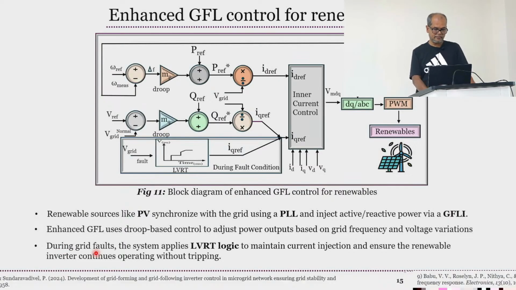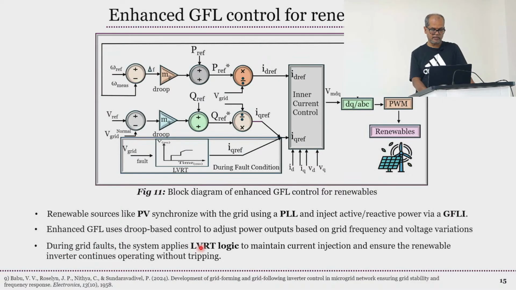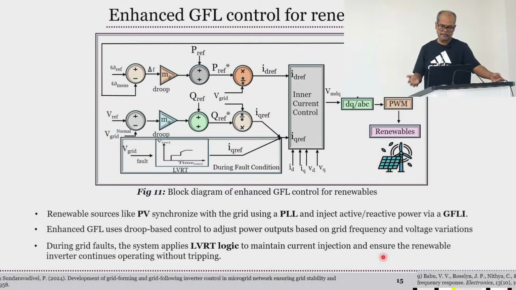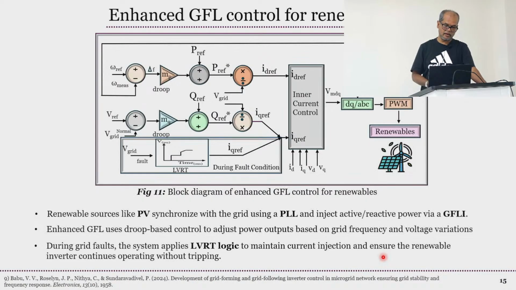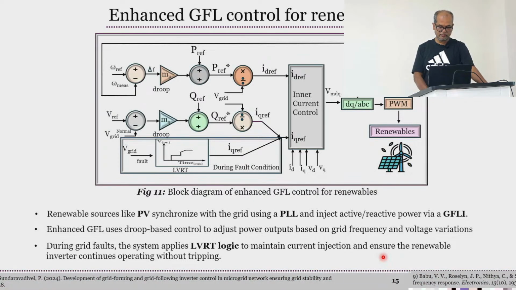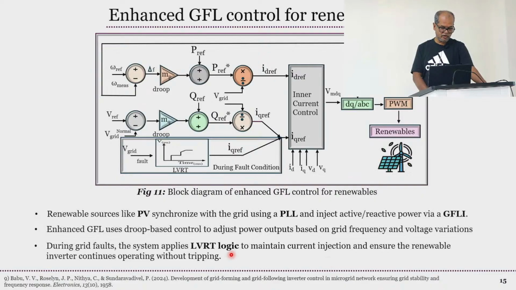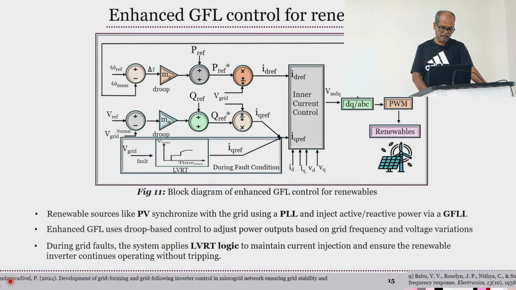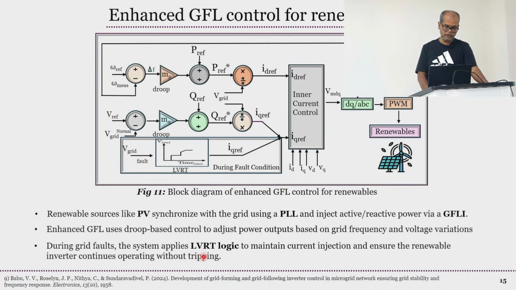But as I say, during this fault, the system also applies that LVRT logic to maintain the required current and ensure that whatever it is, either renewable or the battery, keeps providing service to the grid without tripping.